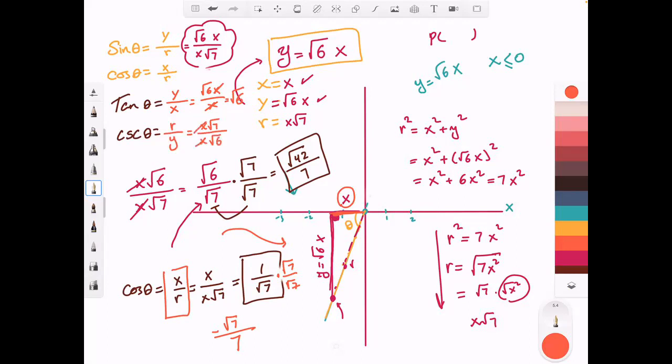We have root 7 over root 6. We need to irrationalize root 6. We get root 42 over 6.